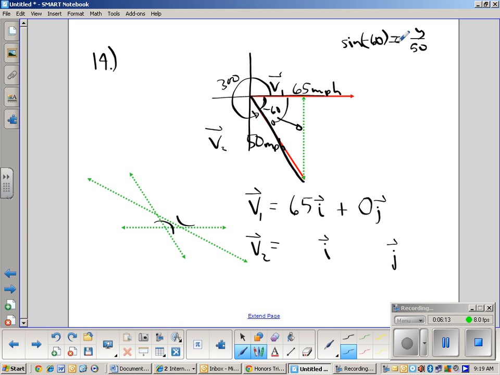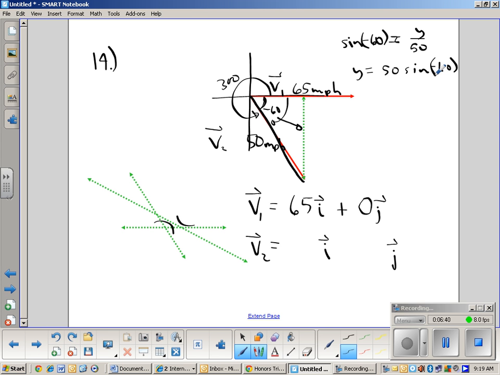Okay? And so y is equal to 50 times sine of negative 60. What's sine of negative 60 equal to? Negative square root 3 over 2. You didn't say negative? You did.